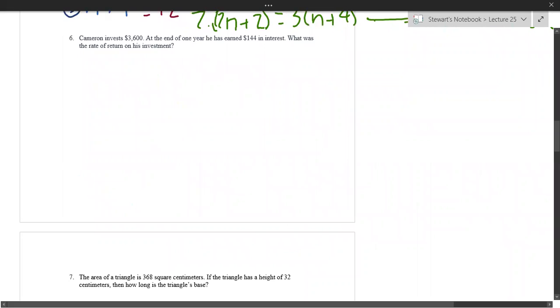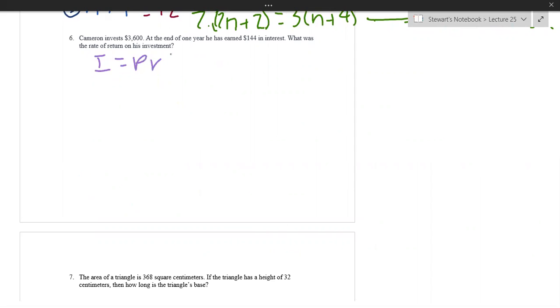So interest, which I'll call I, is equal to the principal times the rate times the time, which you may have seen before. I know I have, it's just been a minute. Okay, so Cameron starts off investing $3,600. So that would be the principal. So we know P equals $3,600.